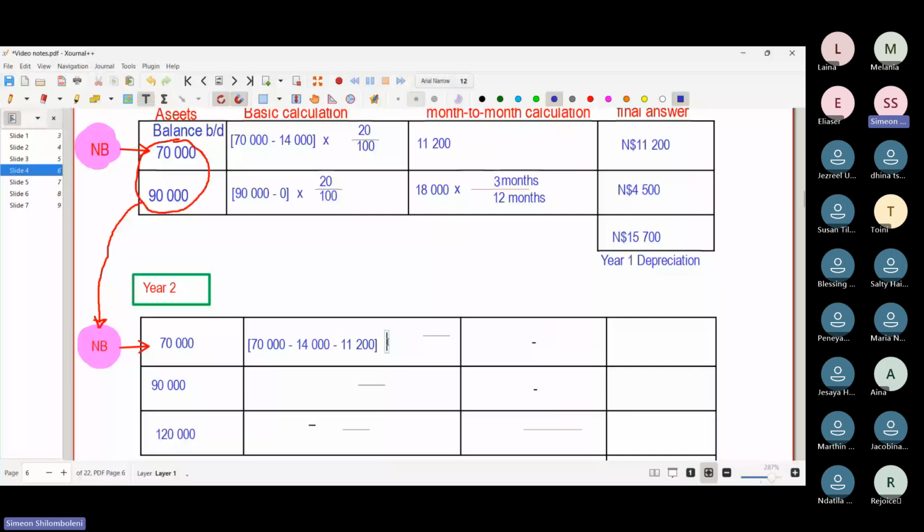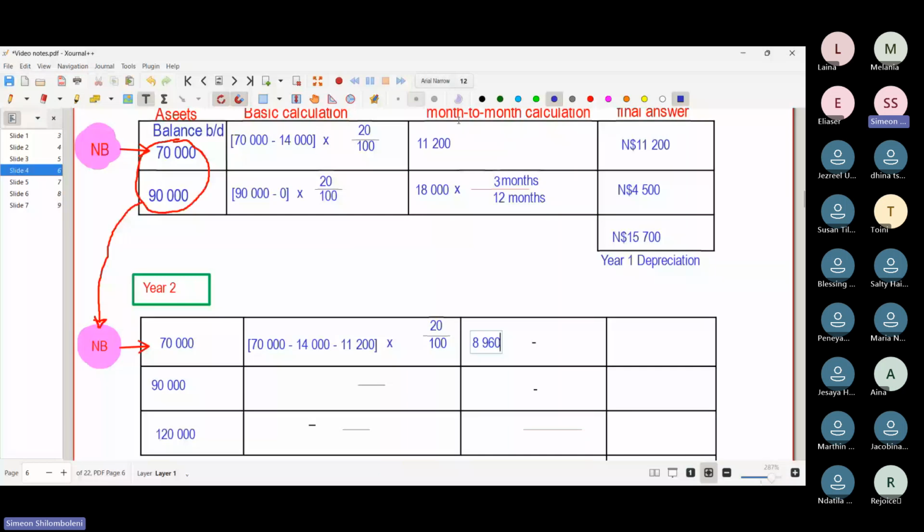Basic calculation 20 over 100. How much do we get? 8,960. Now, this column is for month-to-month calculation.